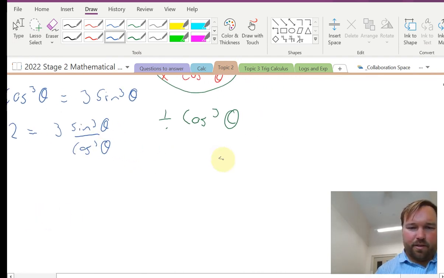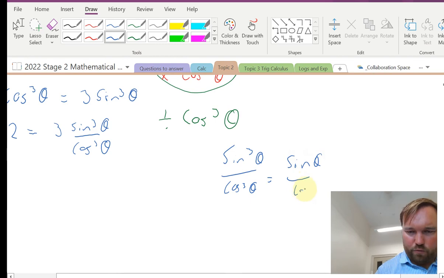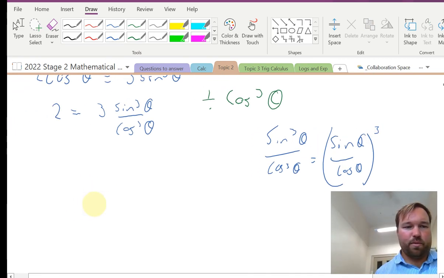Now, sine cubed theta on cos cubed theta is sine theta on cos theta, cubed, which is the same as tan theta cubed.